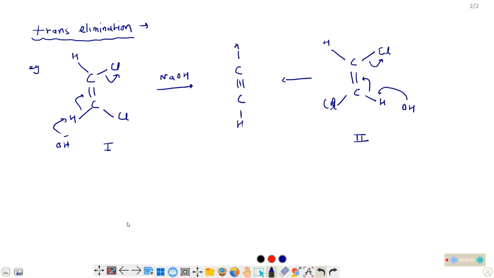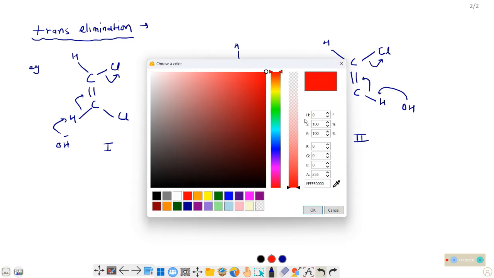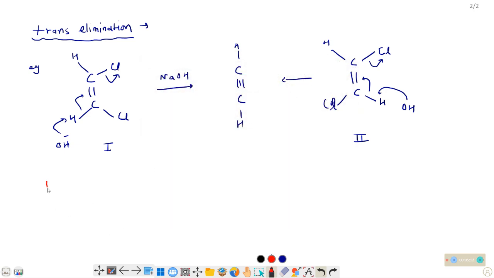Now we will see the reactivity of alkyl halide. It is the same as E1.